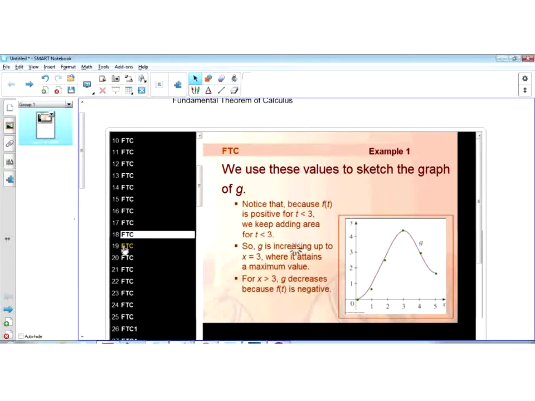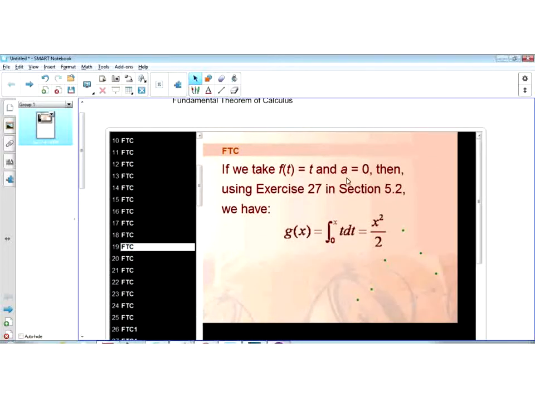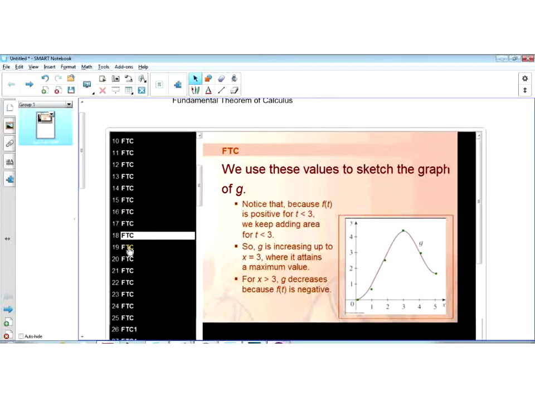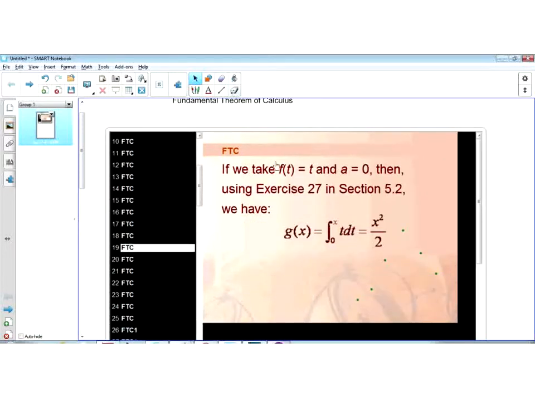Okay, so far so good. So if we take f of t equal to t and a equal to 0, well, did I skip a slide? I just made an abrupt transition in technical content here. Anyway, we want to evaluate this particular definite integral right here.